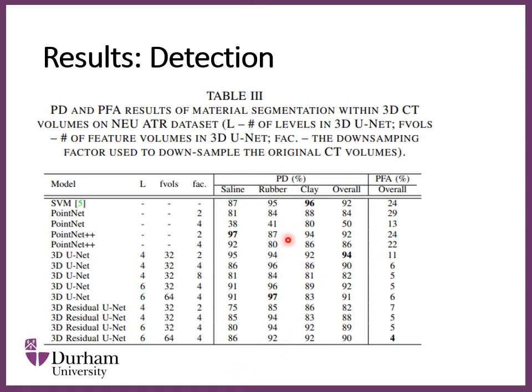So to evaluate the final detection performance, we use the metrics of probability of detection PD and the probability of false alarms PFA. So in this table, we also compare our different methods investigated in this paper with the SVM-based method proposed in this reference.